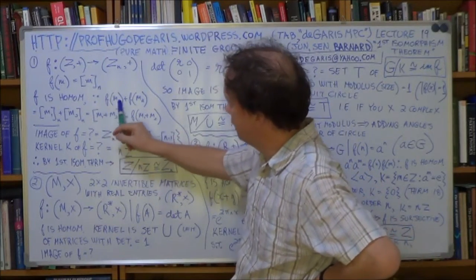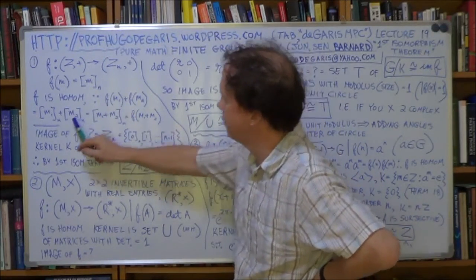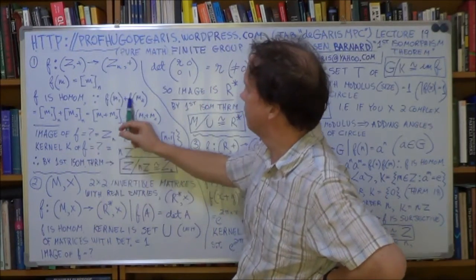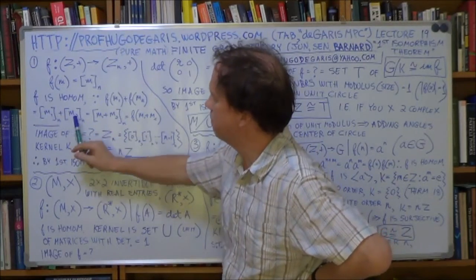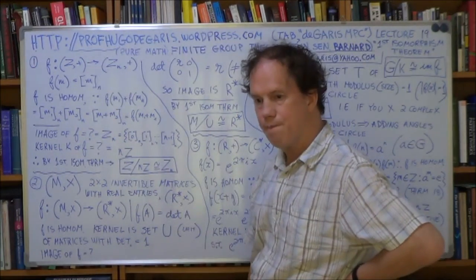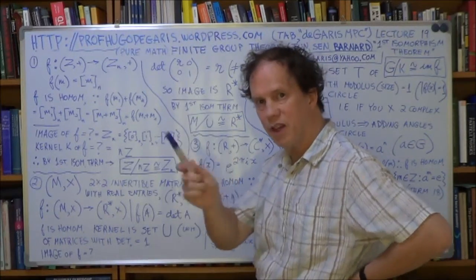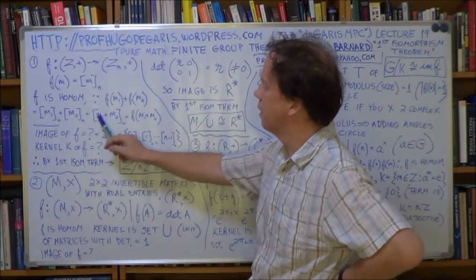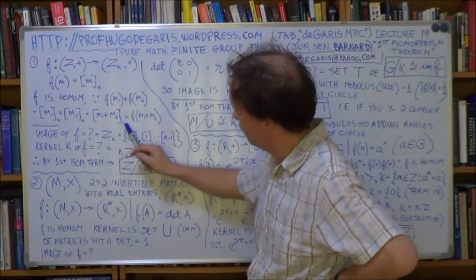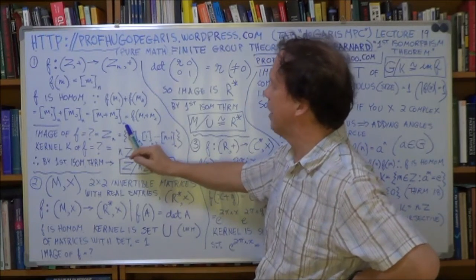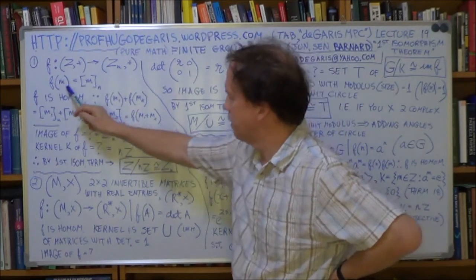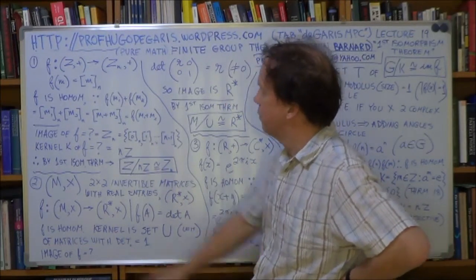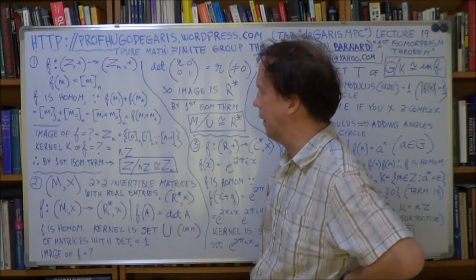Start here: by definition, it'll be the residue class m1 mod n, and similarly for m2. Residue classes behave like integers under ordinary rules, so you just add these two within the residue class. Using the definition, that is just this. So this equals this, and therefore f is homomorphic.